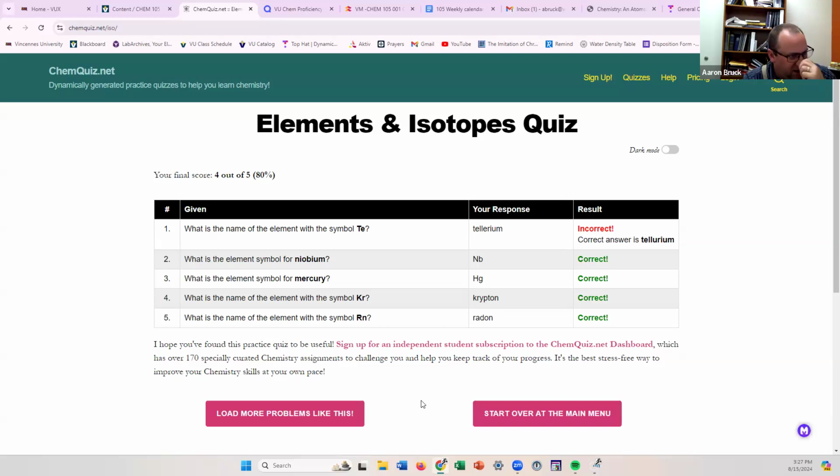Feedback here is, yeah, you're on the right track. The last four were correct. You didn't spell tellurium right. And in that particular case, that is important. That particular proficiency is graded for spelling in addition to just the knowledge of the element. So I would have got 4 out of 5, 80%. That's actually okay. The threshold for that proficiency is 70%. I'm above that. I passed.